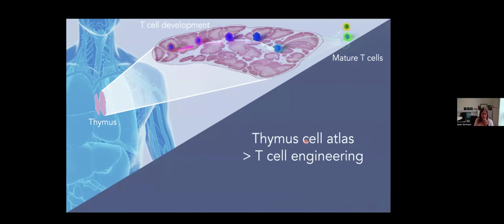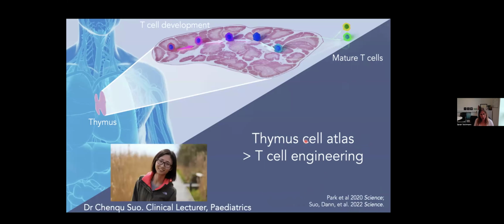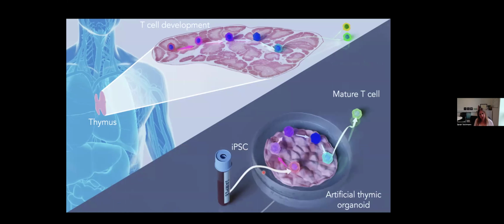And of course, we can use that data for engineering cells, both from the point of view of the cell intrinsic program and the transcription factors that are needed for making the T cells and generating them from iPS cells, but also in terms of the tissue niches and the signals that the cells are seeing as they're traveling throughout the different niches in the thymus.